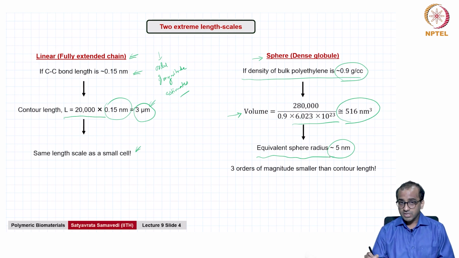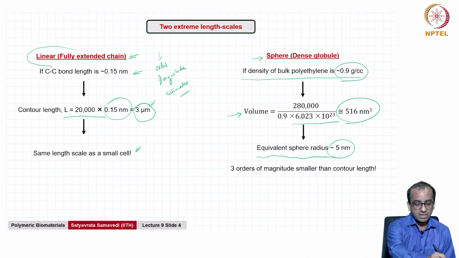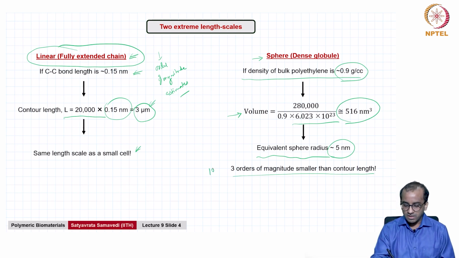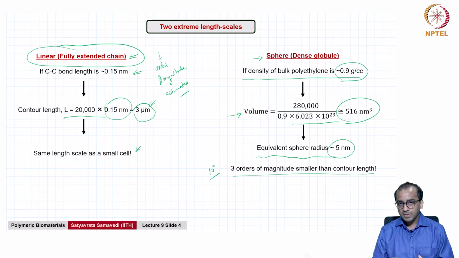Note that for the same chain that we saw here, which is the linear fully extended chain, that exact same chain in the sphere or the dense globule form is giving you a length scale that is 3 orders of magnitude smaller than the contour length. Now, to get a sense of what that means: if you consider the equivalent sphere radius of 5 nanometers as equal to the size of, let us say, a basketball, whose diameter will roughly be about 10 inches, let us say.